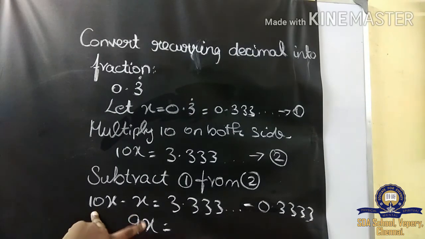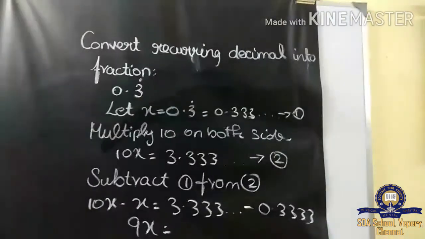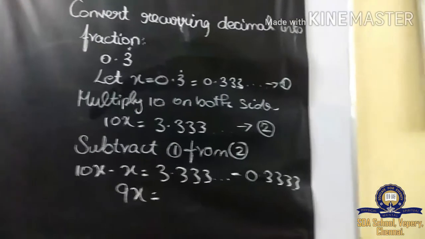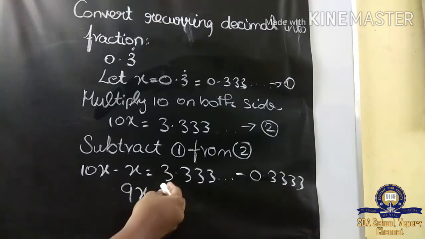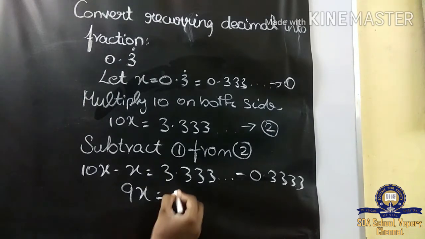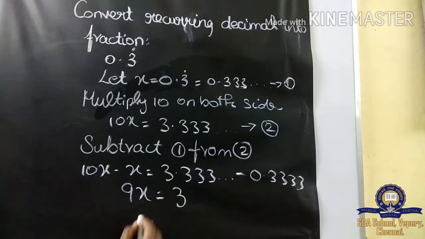If you subtract 10x minus x, the answer will be 9x, right? And if you subtract 3.333 minus 0.333, the answer will be 3.